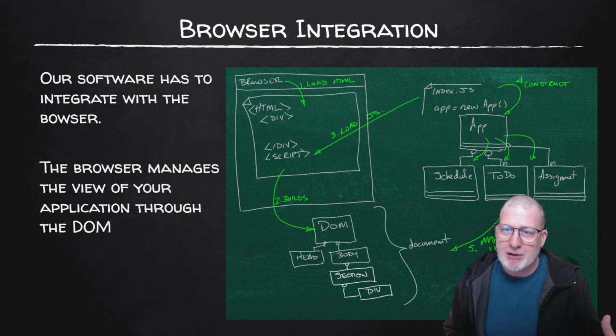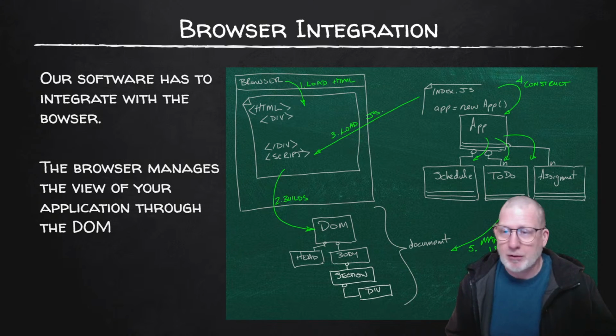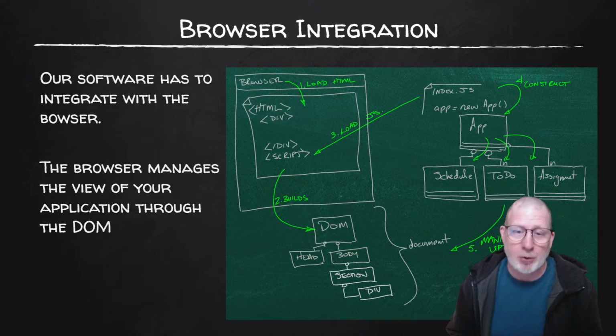We generate some HTML that generates this document. And when it generates the document, we then load JavaScript in our browser, and JavaScript will create all of the data structures that we need. And later on, we're going to create more of an object-oriented data structure.